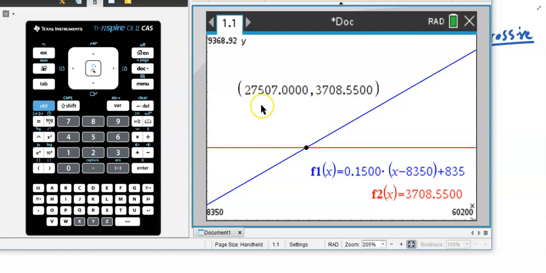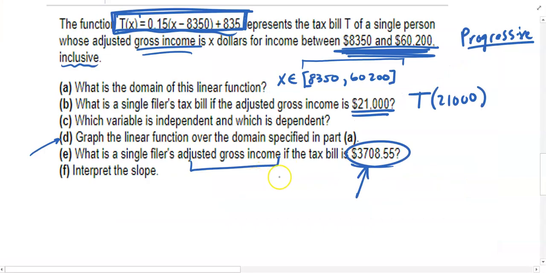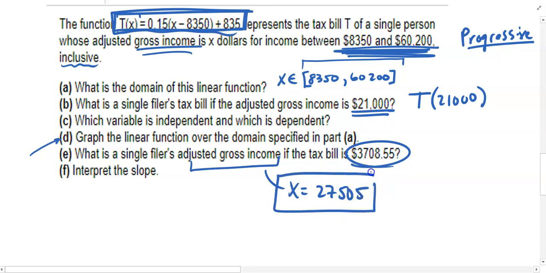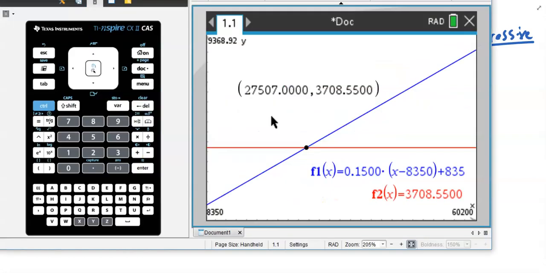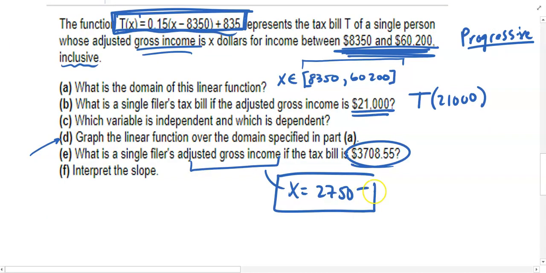So when our income is $27,507, then our tax bill ends up being 3708.55. So I hope that that discussion helps you understand A through E.